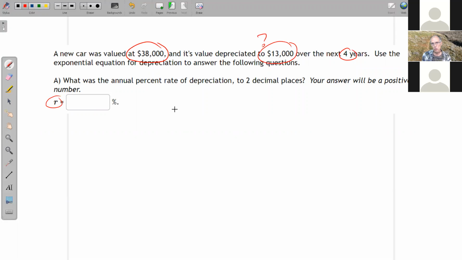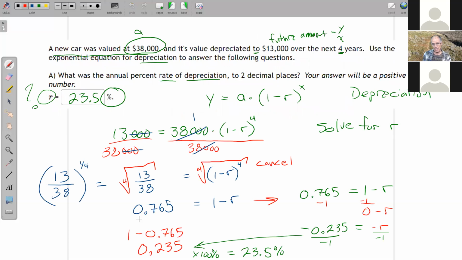So I think my new equation is y equals 38,000 times 1 minus that rate as a decimal, 0.235, to the power t in general. And I want to plug in a 4 there. Now, 1 minus that 0.235, that's going to be that 0.765 here, my growth multiplier.